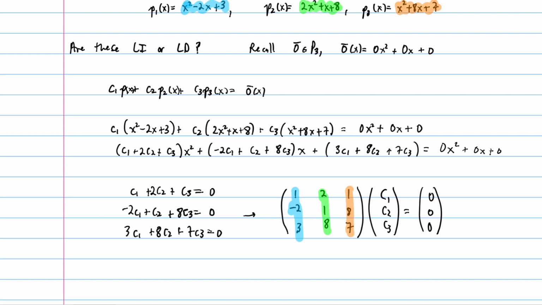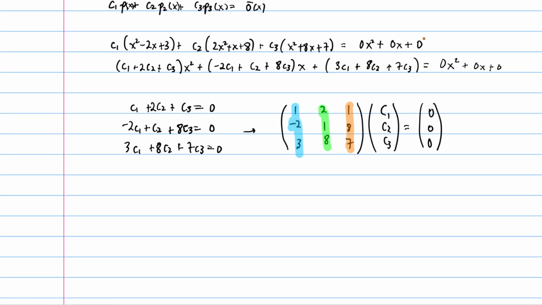So what we could have done, and you can do this in the future, is, you have to do it once on your own, but then in the future just notice that the columns of your coefficient matrix are the coefficients of your polynomial functions here, if you put them in order.